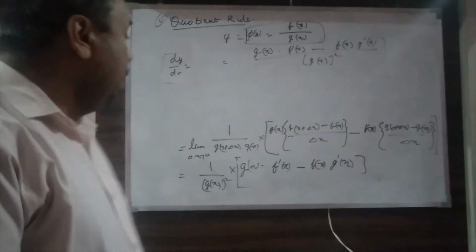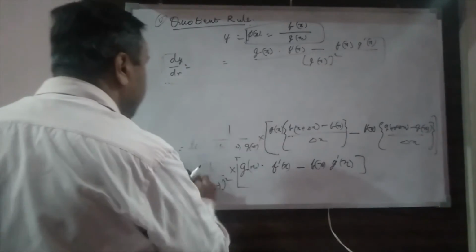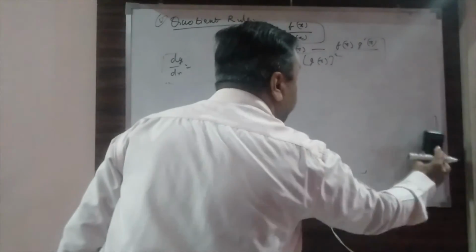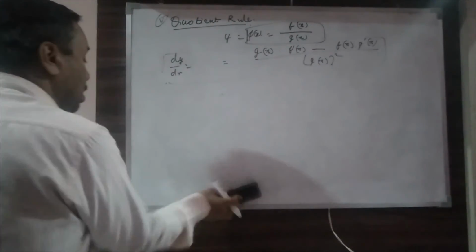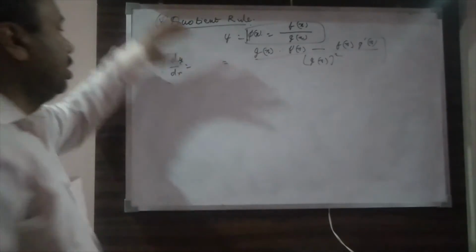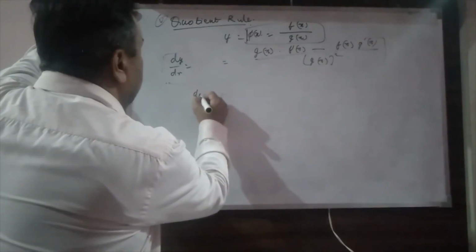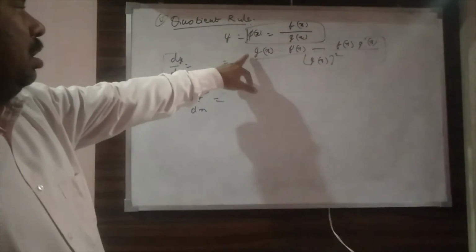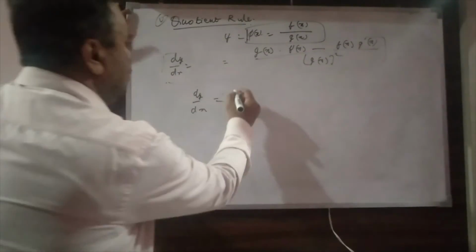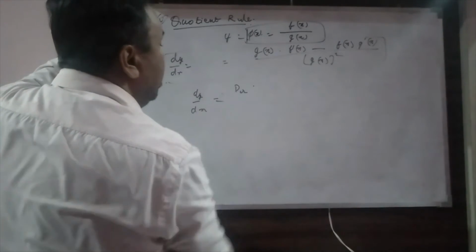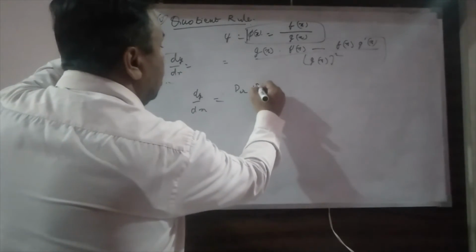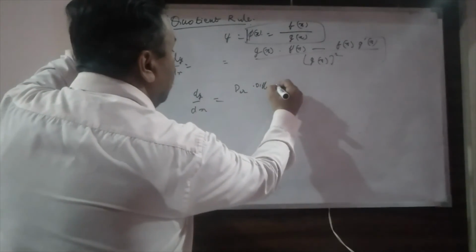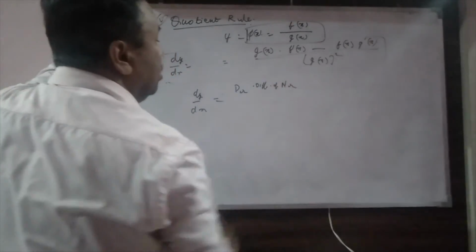Okay, so I can write it in a generalized way, or for the sake of understanding, just to see what we have got: dy by dx is denominator multiplied by differentiation of numerator.